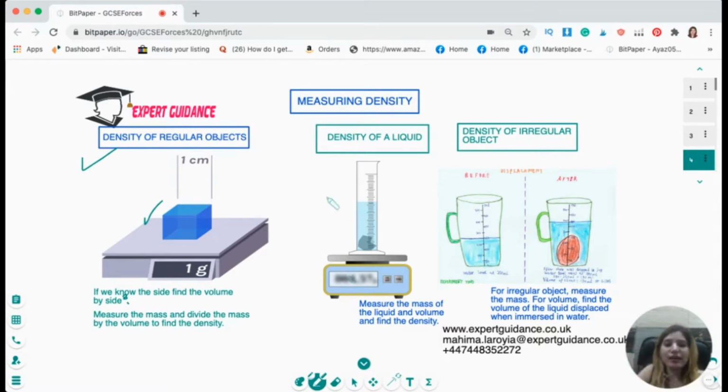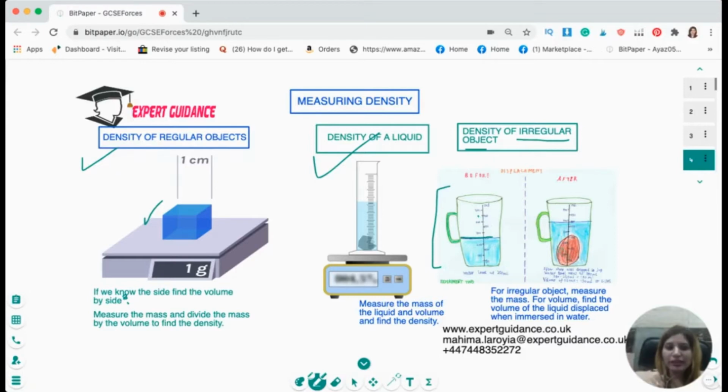Now, the challenge comes when you have an irregular object. When you have an irregular object like this, it does not have any fixed volume. You cannot measure the volume easily. So what you can do in this case is, mass you can measure by putting it on a weighing scale. Now, for the volume, what do you do? You can see that we have taken a beaker and we have some water in the beaker.